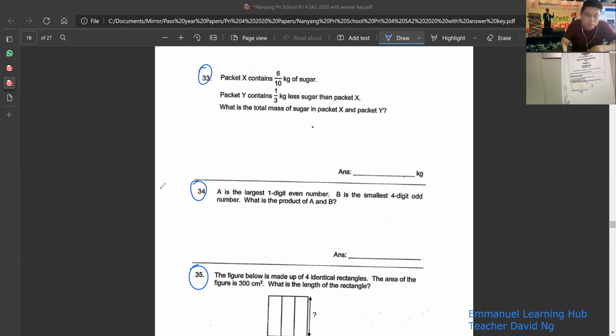Okay, 34. A is the largest one-digit even number. Can you tell me what's the largest one-digit even number?